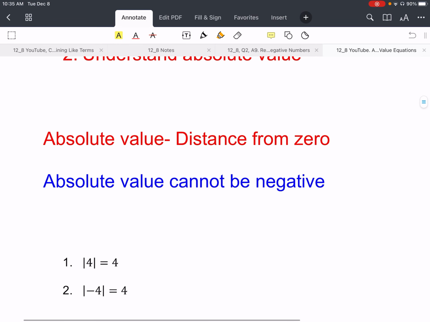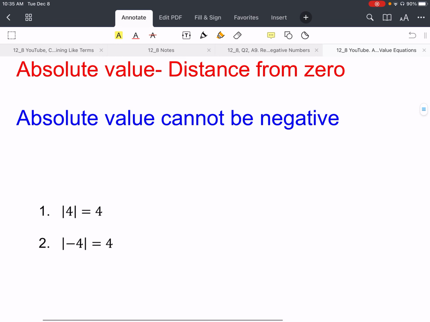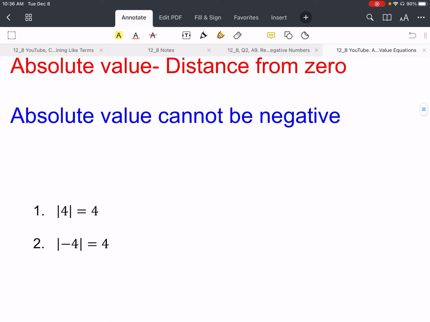Which means, if you look at these two little examples, the absolute value symbol is these two parallel lines, like this. And inside, we treat them like parentheses, but it means that the value is going to be positive.